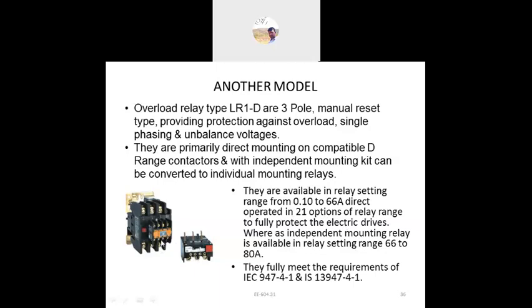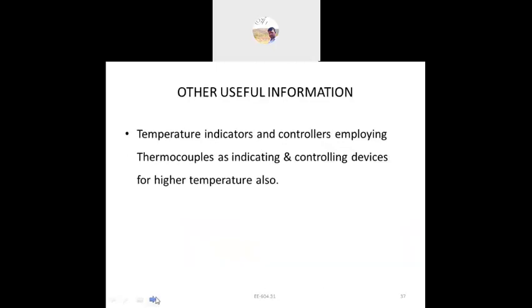For different values, if a fault occurs at 60 amperes, at what time the contact should open will be set here. Temperature indicators and controllers employ thermocouples. That is useful information on thermal relays.